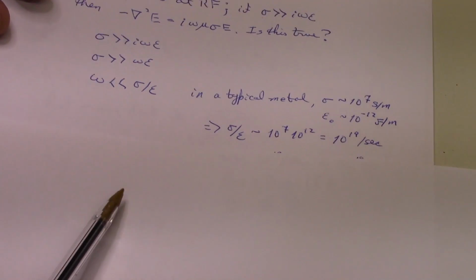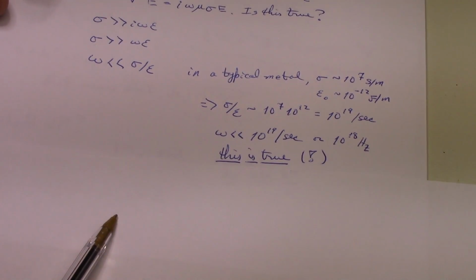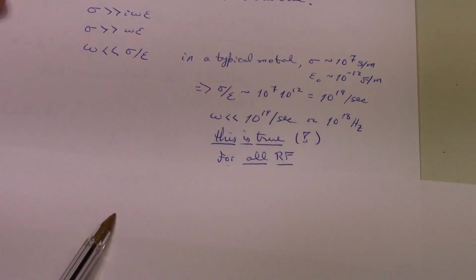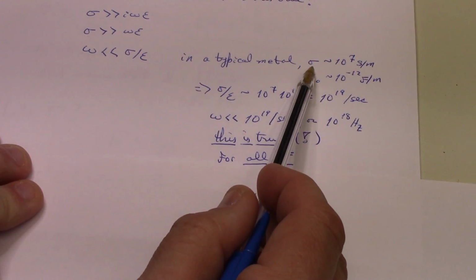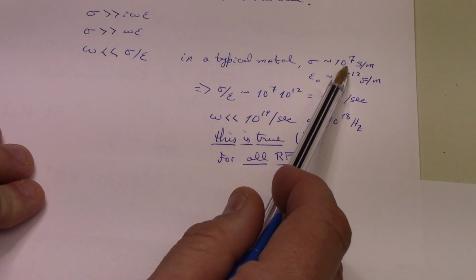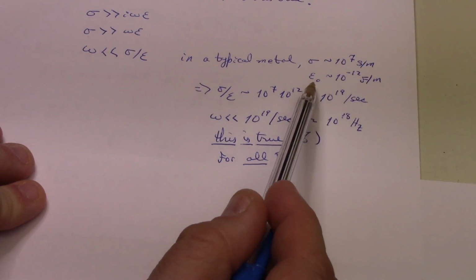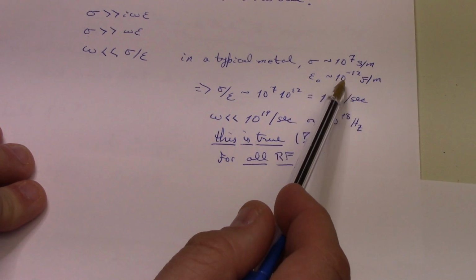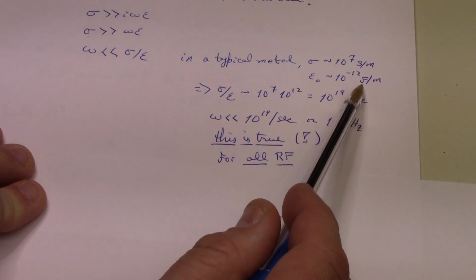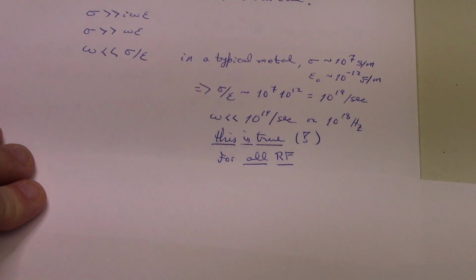Well, could that possibly be true? And the answer is it is absolutely true at RF. Sigmas for metals, the conductivity for metals, are on the order of 10 to the 7 Siemens per meter, and the permittivity of free space is on the order of 10 to the minus 12 farad per meter.